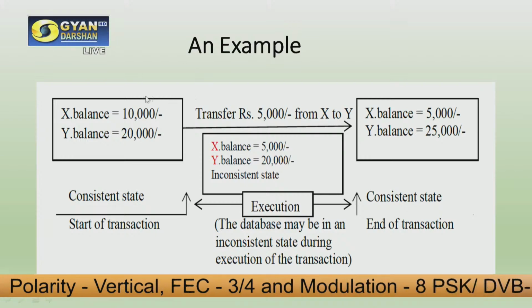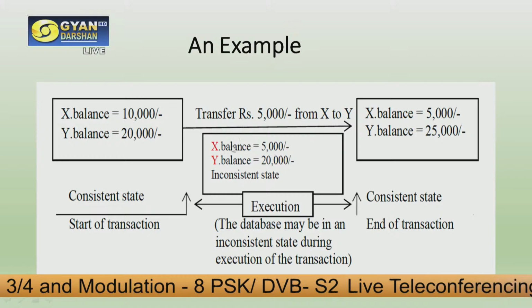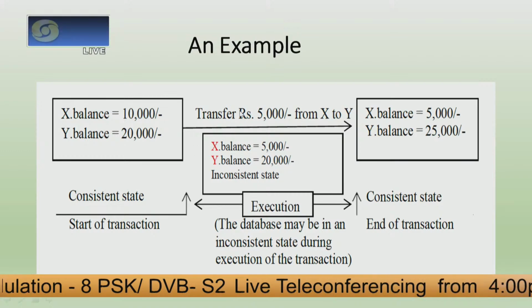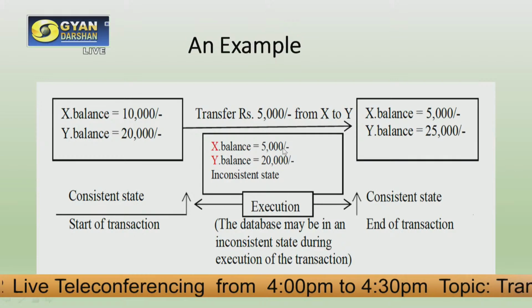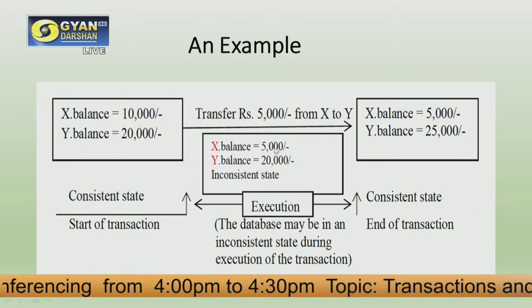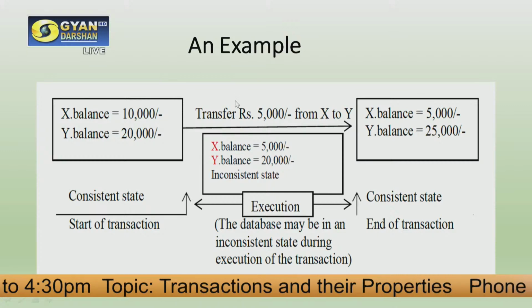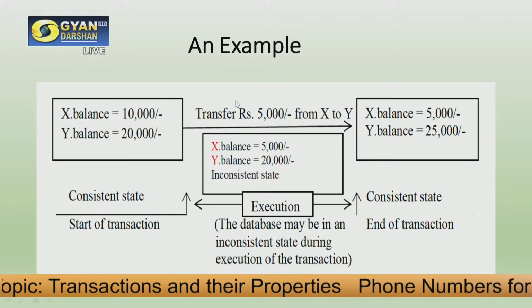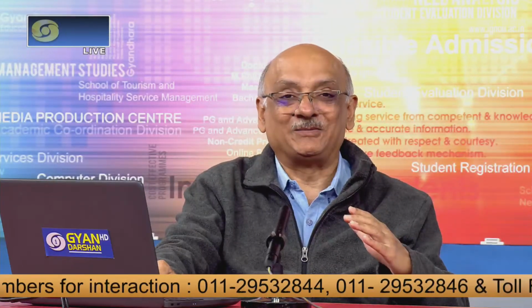Isolation involves that suppose this particular transaction has started, it has read this particular value and it has reduced the amount of X to 5,000. Then probably at that point of time, the other transaction of withdrawal of 5,000 rupees may not be allowed to execute.